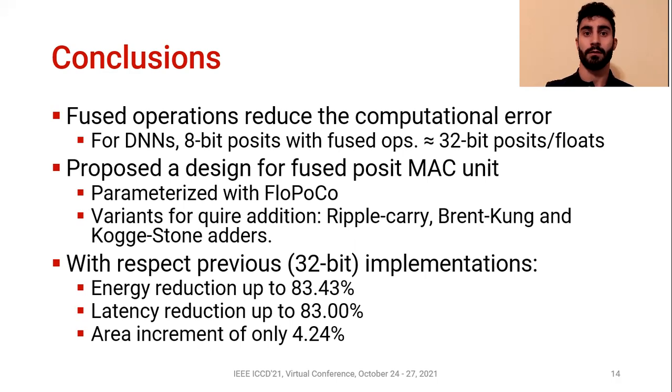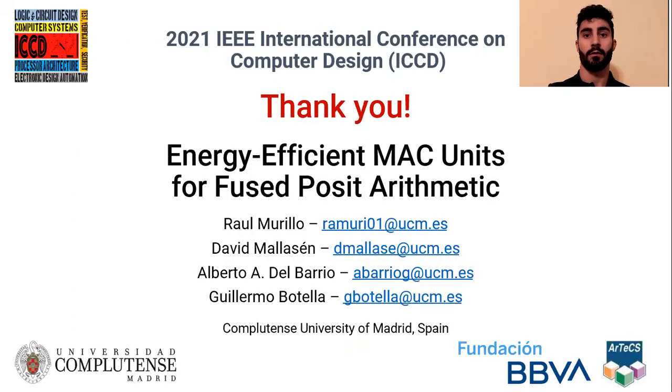We also compared different variants for performing quire addition, including ripple carry, Brent-Kung, and Kogge-Stone adders. With respect to previous implementations, the proposed designs reduced energy and latency by more than 83%, with a slight increase in area of about 4%. Here concludes the presentation. Thank you for your attention.